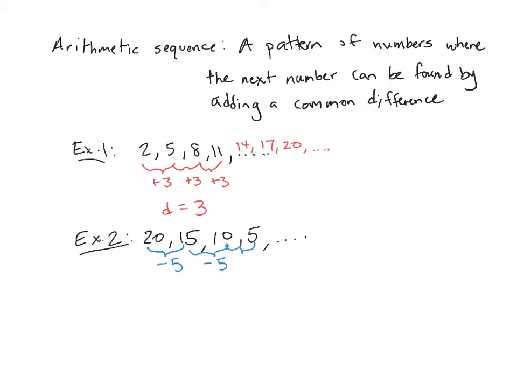So I can think of this as adding or subtracting a common difference, but in this case, I'm going to think of the common difference as -5. On paper, it would be adding -5, or we can think of it as subtracting 5. So my next numbers would be 0 and -5, -10, and so on. I can carry that pattern out as long as I was asked to.